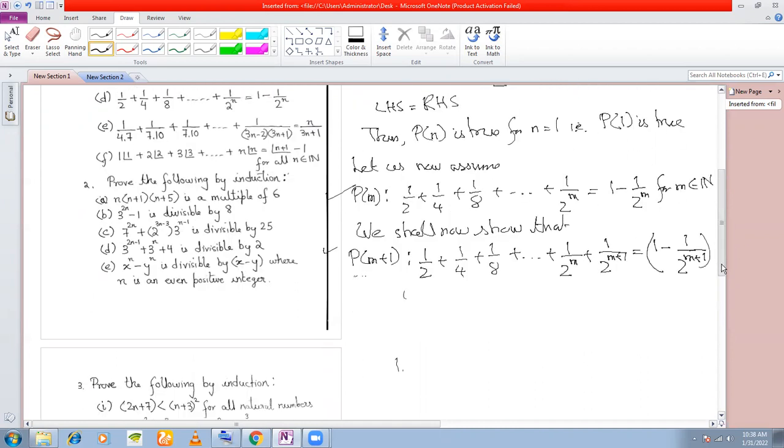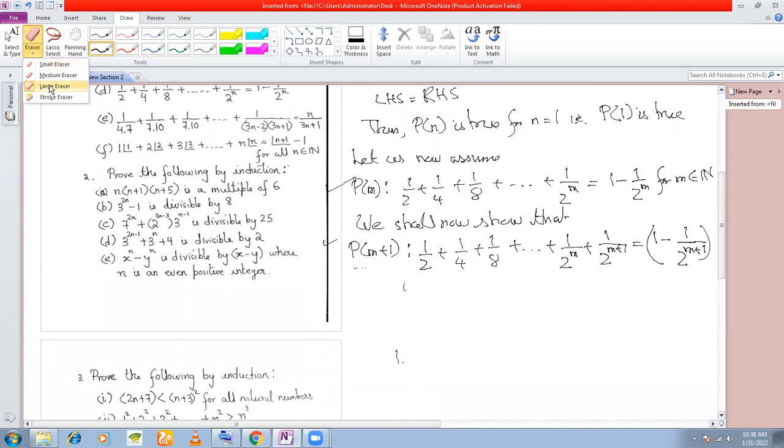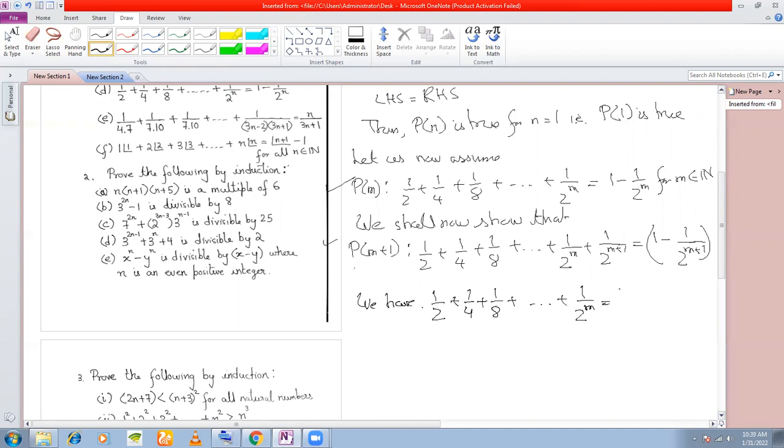Okay, so let's start with our assumption. So we have half plus 1/4 plus 1/8 plus up till 1 by 2 to the power of m is equal to 1 minus 1 by 2 to the power of m.